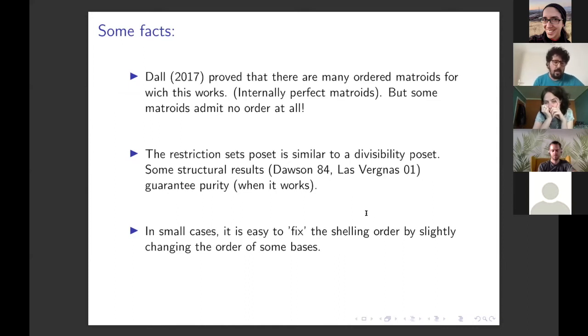And then another thing that you can do is go through many different matroids and look at these restriction set posets, and usually you can squint, or look at it and change a few of the containment relations, and prove Stanley's conjecture by hand.